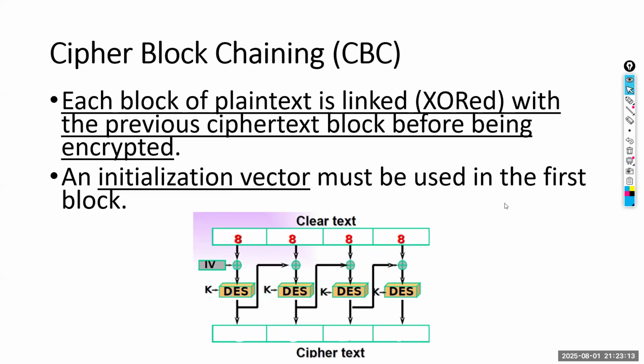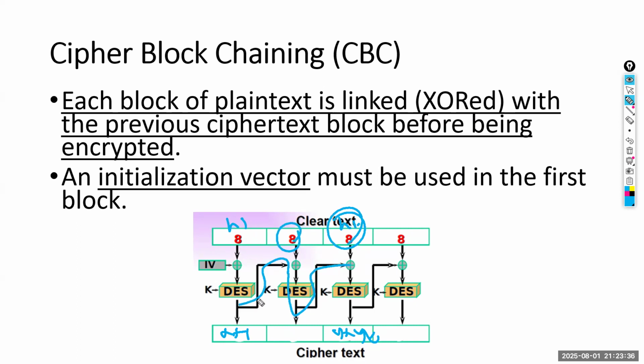Now patterns are effectively hidden. For example, here also it is high, here also it is high. Maybe here it is something like this, but now for the same plain text, you get a completely different thing. Because now your ciphertext not only depends on the plain text, it depends on previous ciphertext.